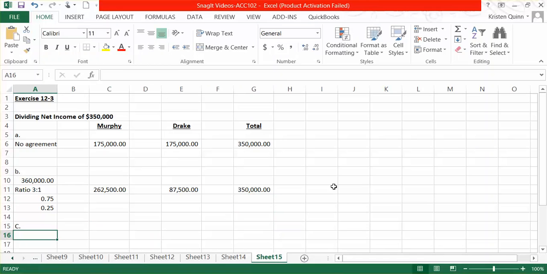In Part C, we're going to get an interest at a rate of 5% on each partner's original investment, and then the remainder will be divided in a ratio of 2:3. So we have an interest of 5%, and then a ratio of 2 to 3.